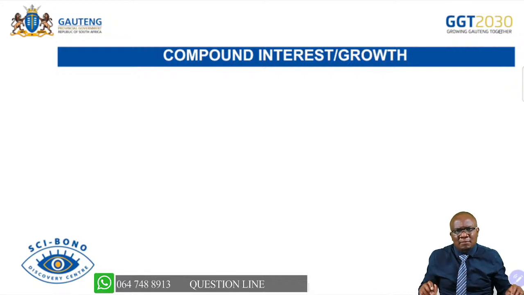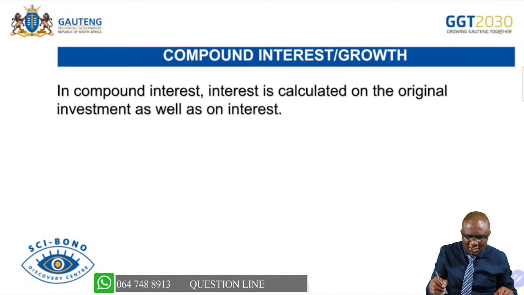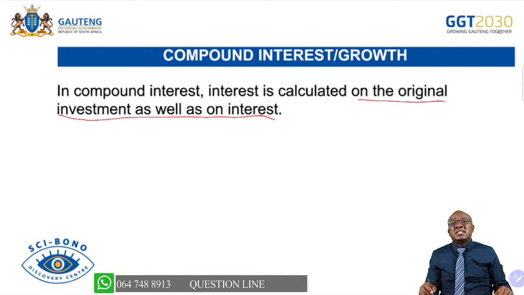Are we going to see the same thing with compound interest? Let's see. In compound interest, interest is calculated on the original amount as well as on interest.